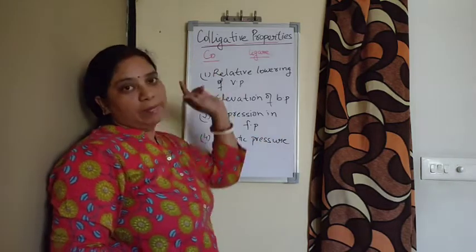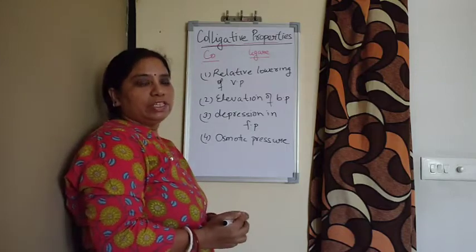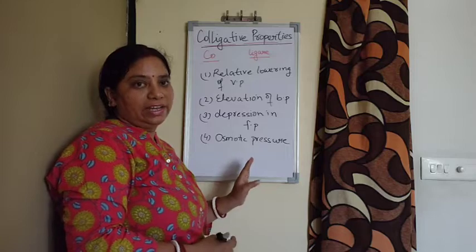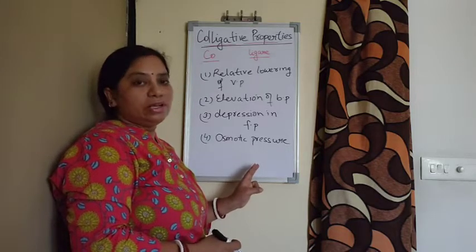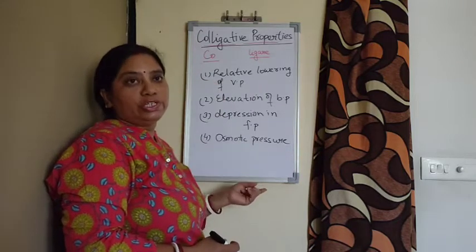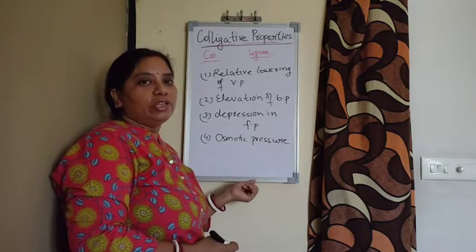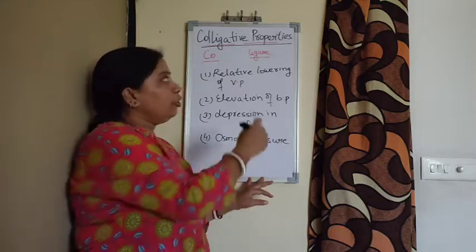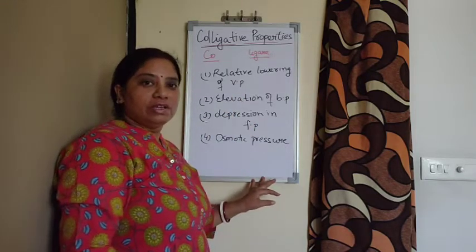Now first of all, coming back to the topic colligative properties, what does that term mean? As we have been studying in the solution chapter, there are properties of solutions which depend only on the number or the amount of solute particles, molecules or ions. They do not depend on the nature of the solute.